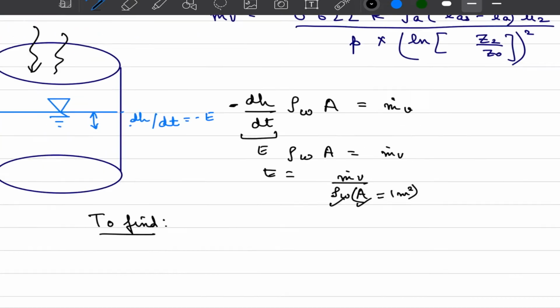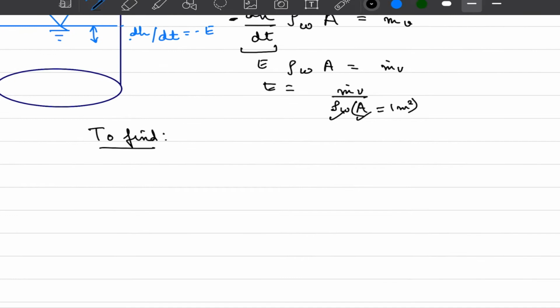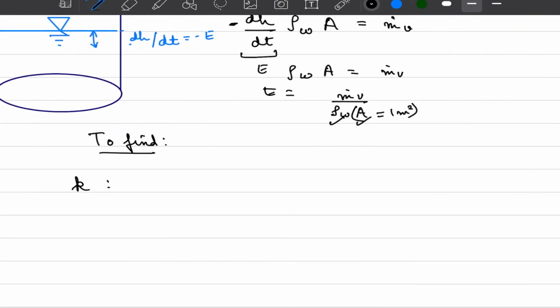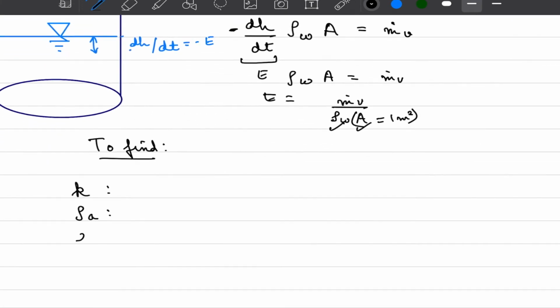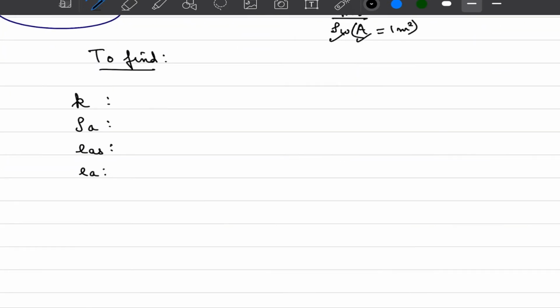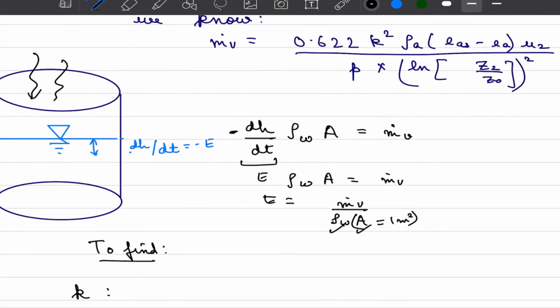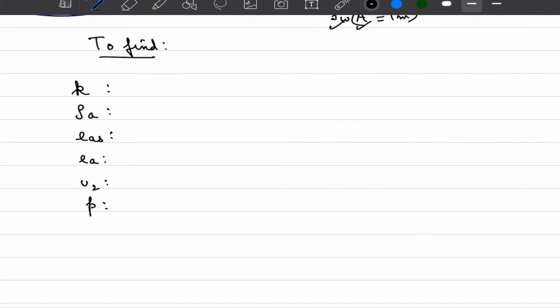When a large number of parameters are involved, I would write all the variables of interest for which we need to know the value: K, rho A, EAS, EA, U2, P, Z2, and Z1.